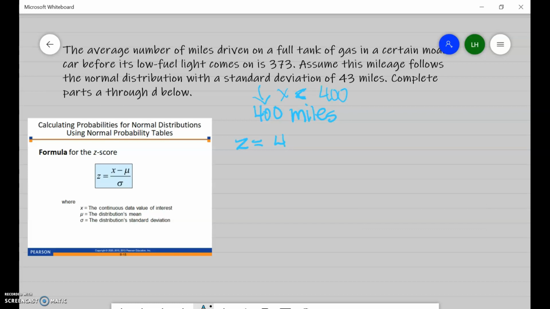It's going to be X, which is 400, minus the mean, which is given to us, divided by the standard deviation, which is also given to us. We're going to round our z-score to 0.63, and then we're going to use Excel to find the probability that z is less than 0.63.